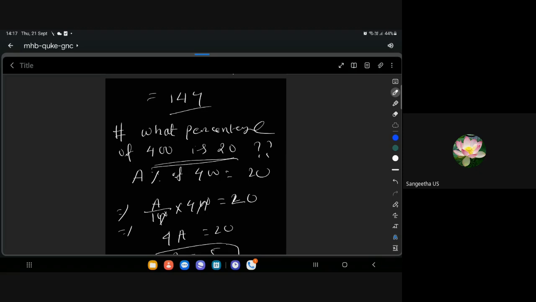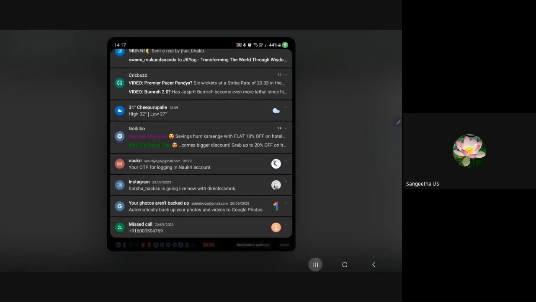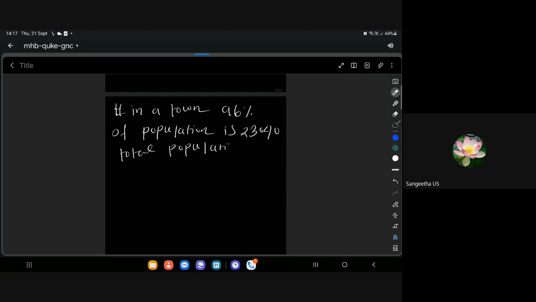Okay, then the problem we will solve. In a town, 96% of the population is 23,040.